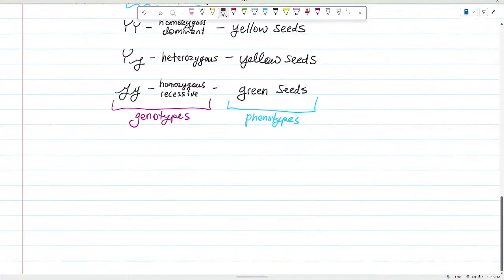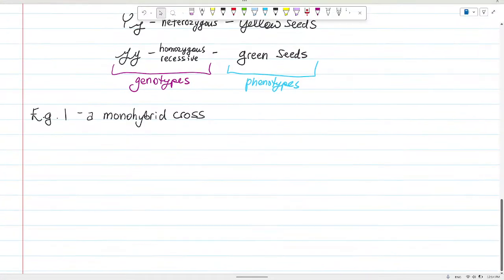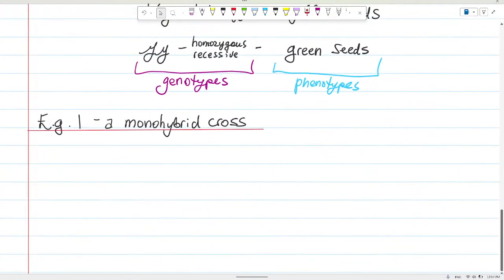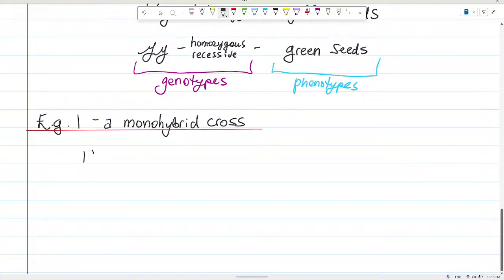So now let's actually do a cross. We will say EG1, exempla gratia 1, a monohybrid cross. Okay, and let's say this. If a homozygous recessive, homozygous recessive would be what color? Green.